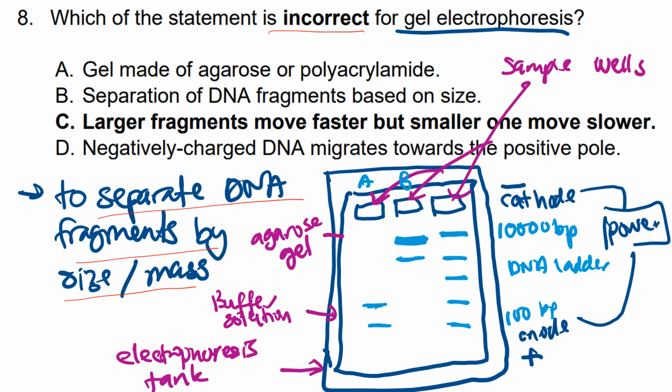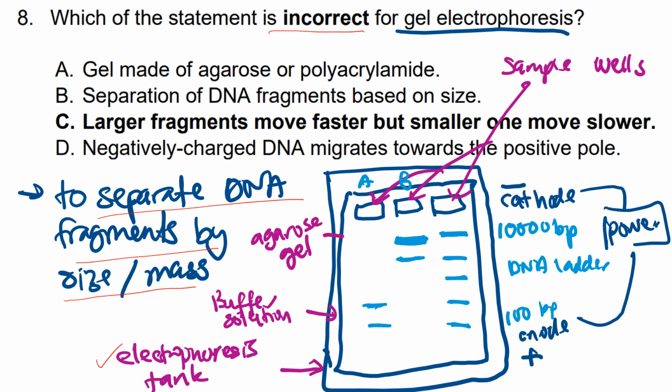You will require an electrophoresis tank. The tank size depends on your sample size. If your sample size is small, you will require a smaller electrophoresis tank. If you have more samples, you will require a larger electrophoresis tank.